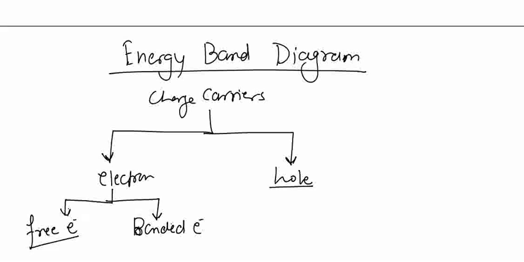These three charge carriers carry different energy, means these are at different energy levels, and representation of energy of these charge carriers is done through energy band diagram.